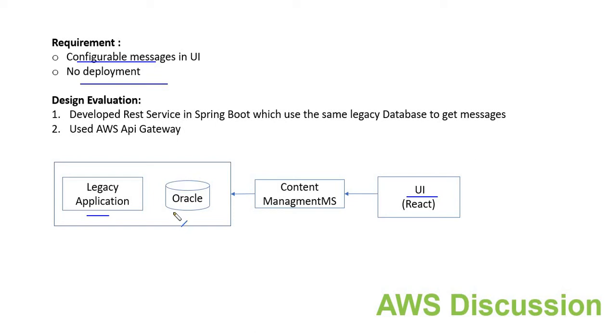In the Oracle database, we have already configured the key values. Upon sending the key, we get a value and we display that value on the screen in the JSP. So that already exists in the legacy world. They want the same requirement in the microservices world.